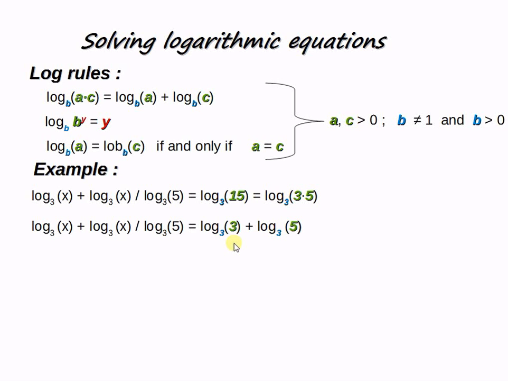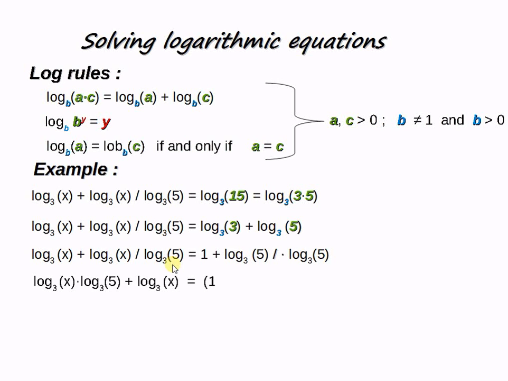Now we would like to get rid of that denominator on the left hand side of the equation, and we're going to do it by multiplying both sides of the equation by log base 3 of 5, which gives us log base 3 of x times log base 3 of 5 plus log base 3 of x is equal to 1 plus log base 3 of 5 in brackets times log base 3 of 5.